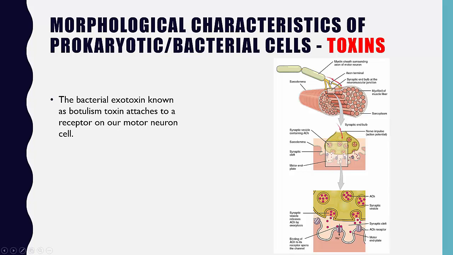Acetylcholine is supposed to be released and send a signal. So you have that released, and there's an enzyme called acetylcholinesterase, that is going to be blocked by the toxin.